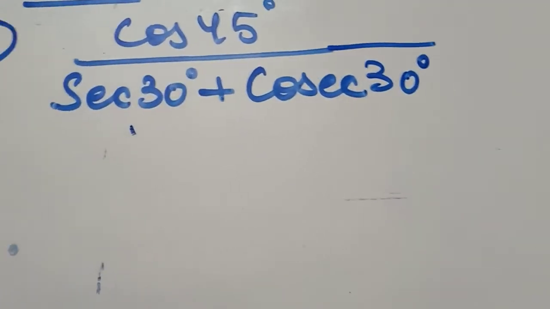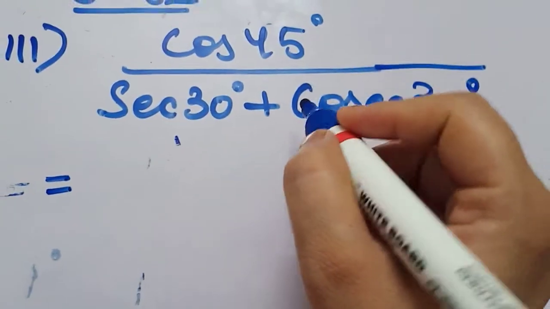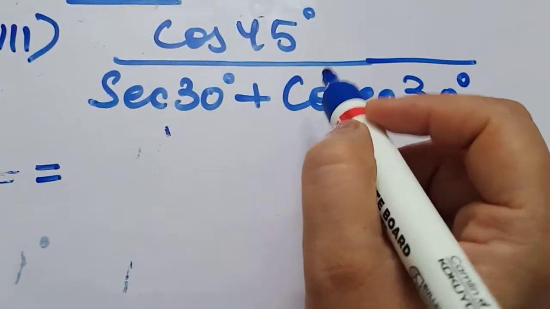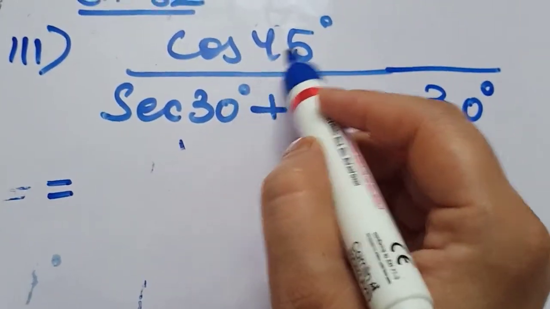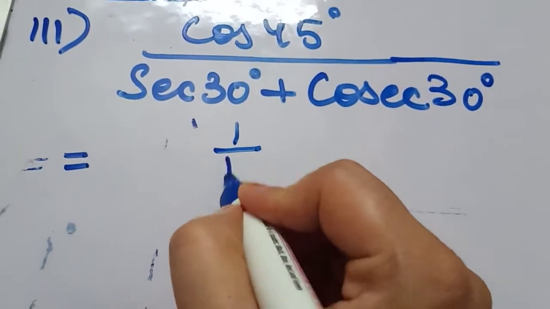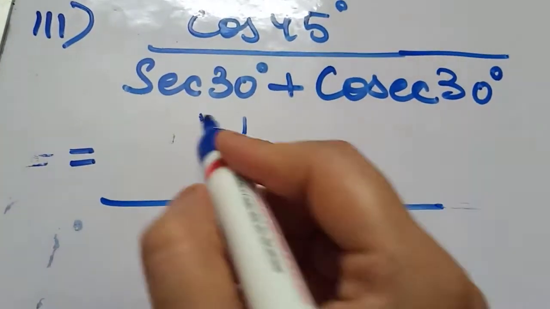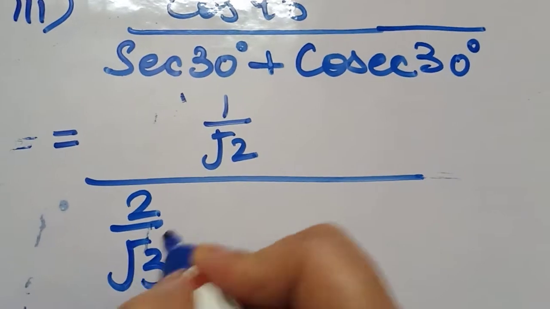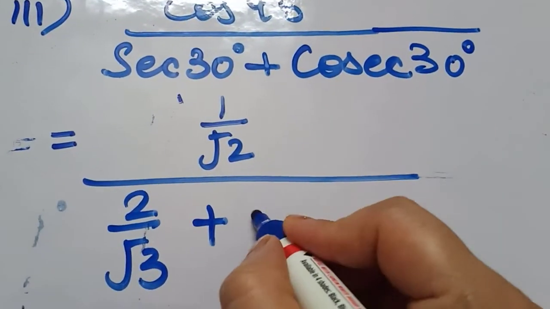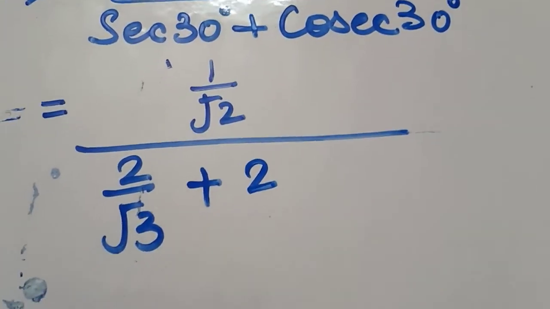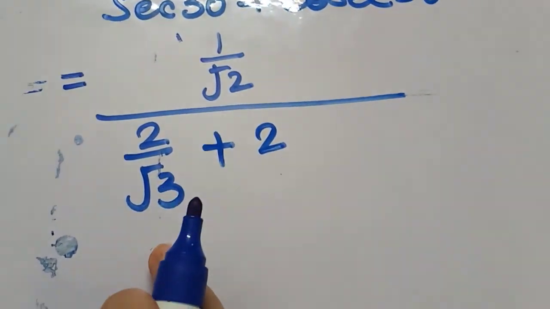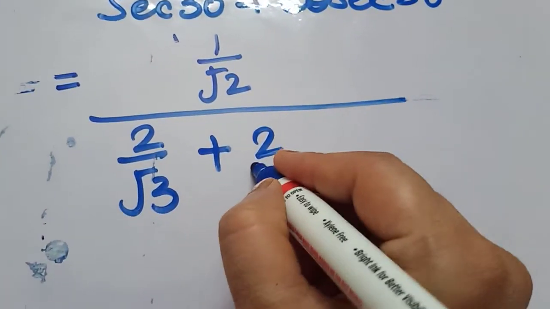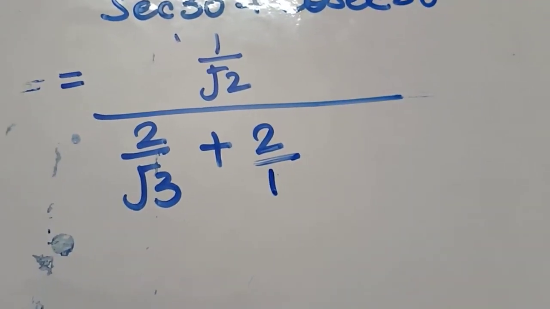First of all we have to put all the values by using the trigonometric table. That is, cos 45 is 1 upon root 2, secant 30 degree is 2 upon root 3, and cosecant 30 degree is 2. Now as it is in fraction form, we will write it as 2 upon 1 also.